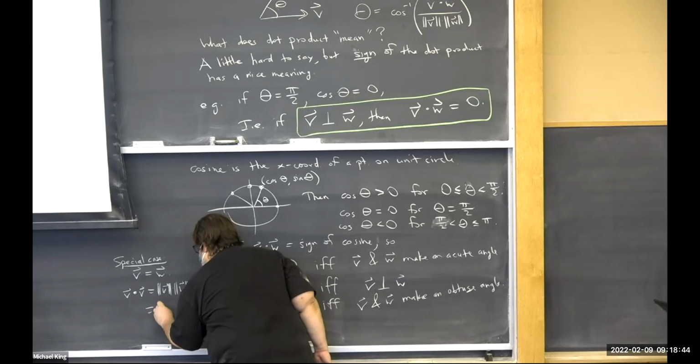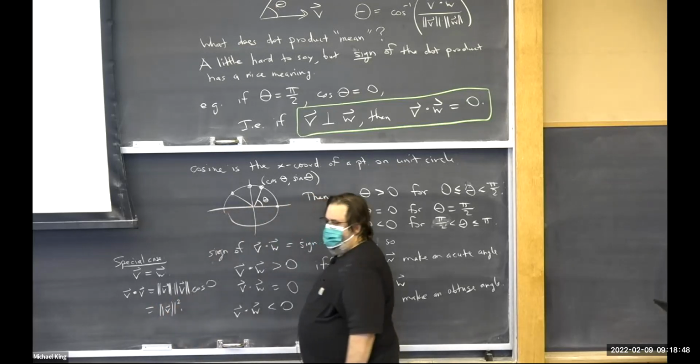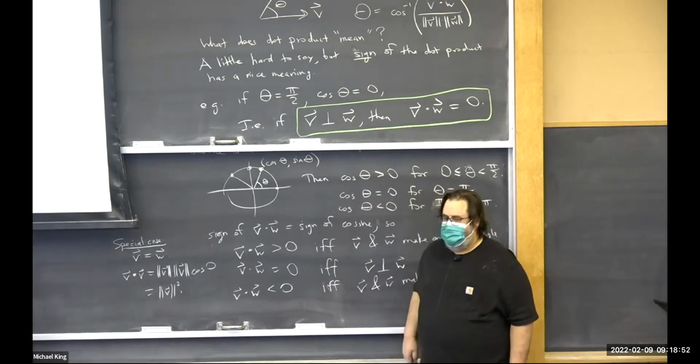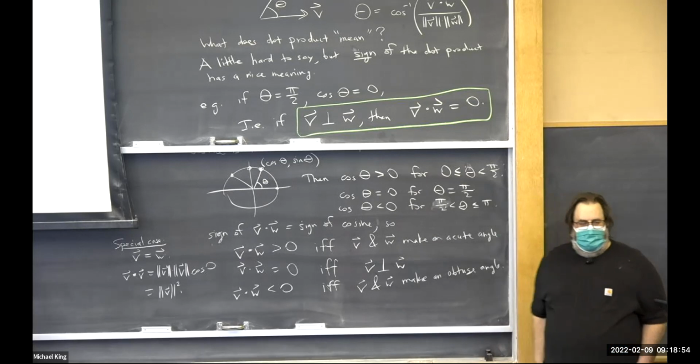So that's just the magnitude squared. If you dot a vector with itself, you get its magnitude squared. Make sense?